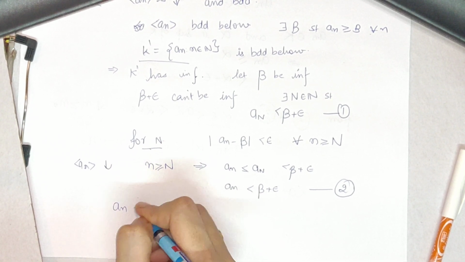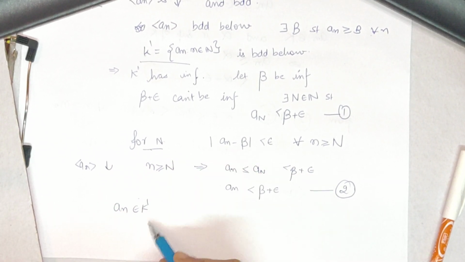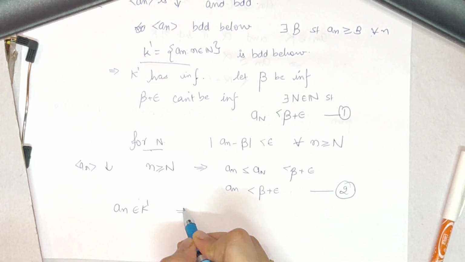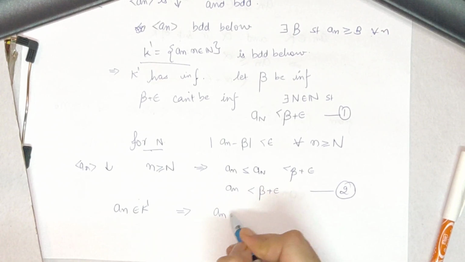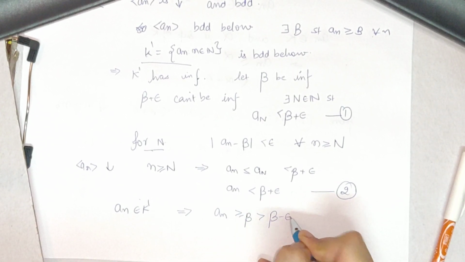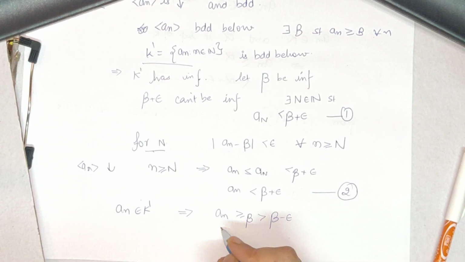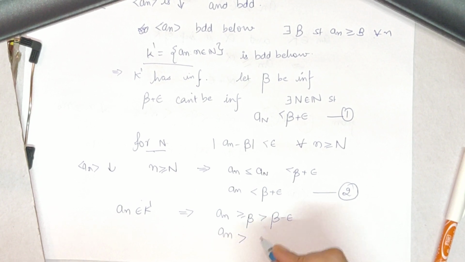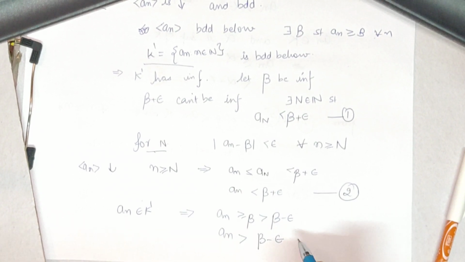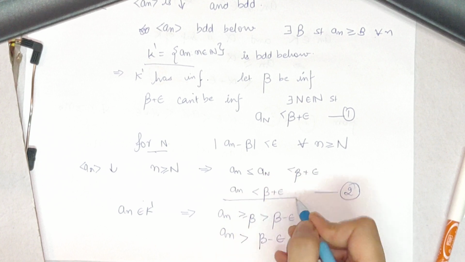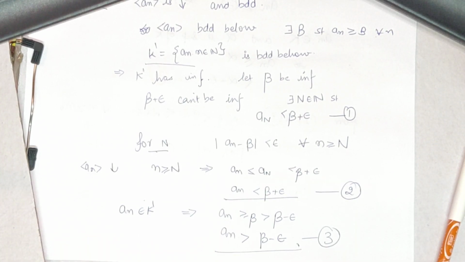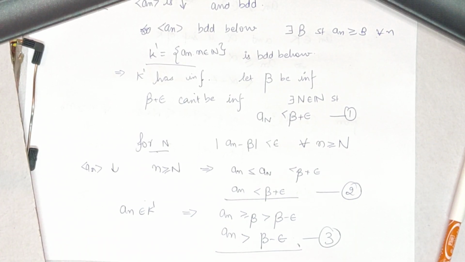Now an is a member of K dash for which beta is the infimum. So we get an is greater than or equal to beta, which is greater than beta minus epsilon. So we get an is greater than beta minus epsilon. This 2 and 3 will give you sequence an converges to beta.